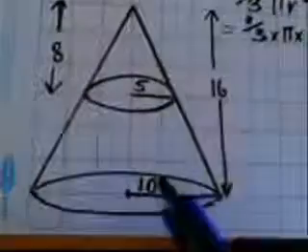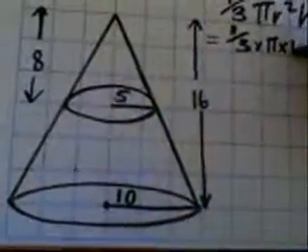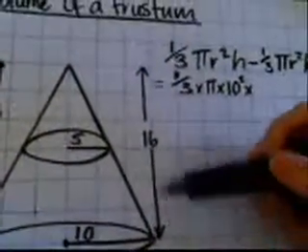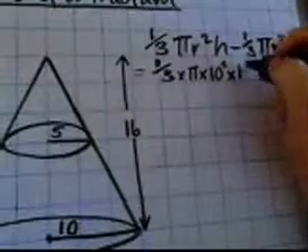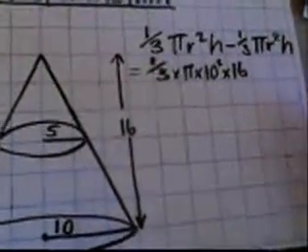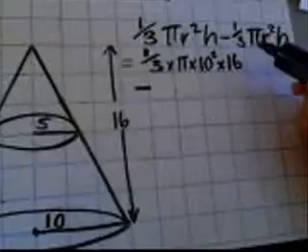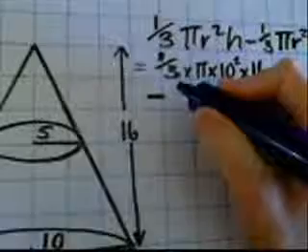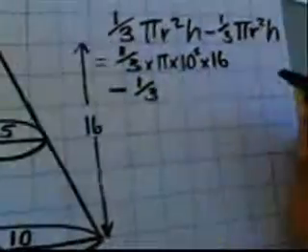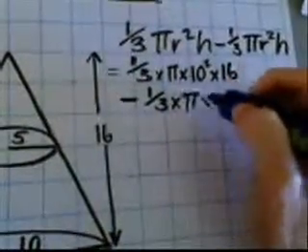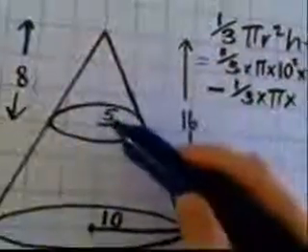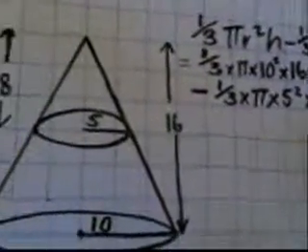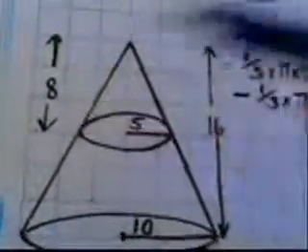For the larger cone, our radius down the bottom is 10 squared, and our height is 16, minus the values for the smaller cone. So again, it is still 1/3 times pi times the radius. The radius of the smaller cone is 5, so 5 squared, times the height. The height of the smaller cone is 8.